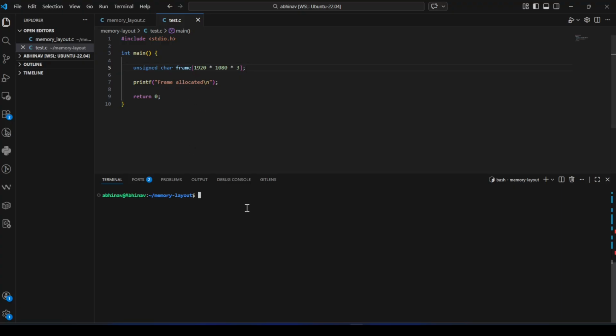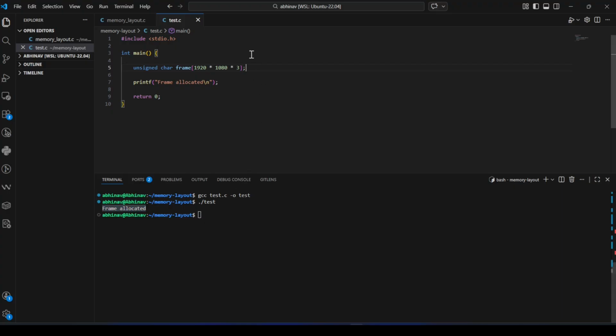So let's compile it and test whether it runs or not. I'll just run this test.c using gcc compilation, and yeah, it compiled, and now let's run the application. Whoa, it said frame allocated.